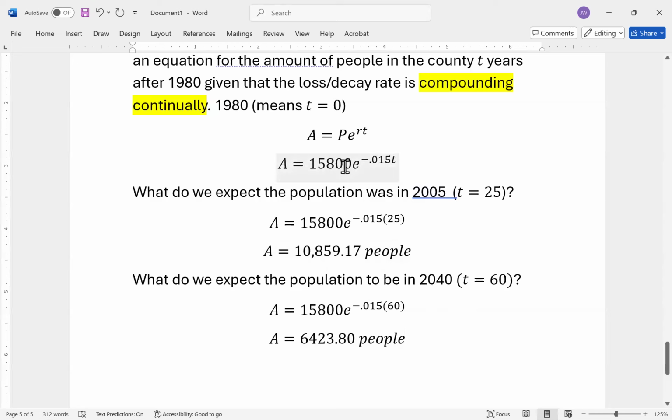Notice that as we're dropping, it's kind of slowing down as we get higher and higher t values. And that's because with decay, the graph is going to be doing something like this.